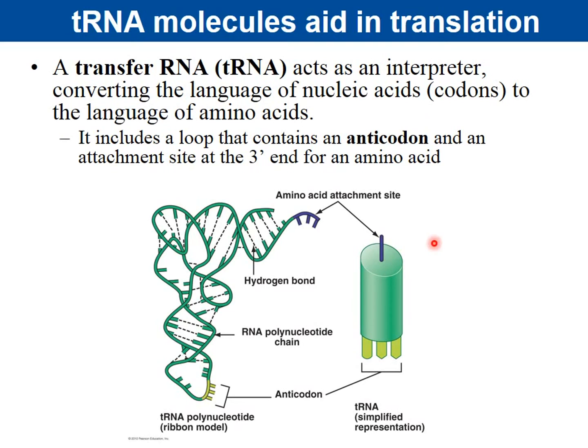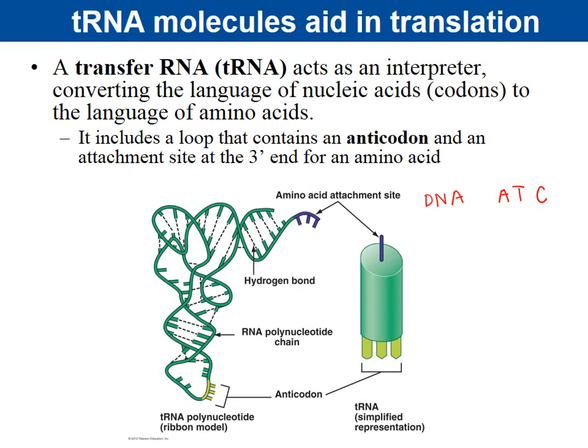If you look at the structure of a tRNA, you'll notice that it has something called an anticodon. And what is an anticodon? Let's write something out real quick. Let's say my DNA sequence is ATC.